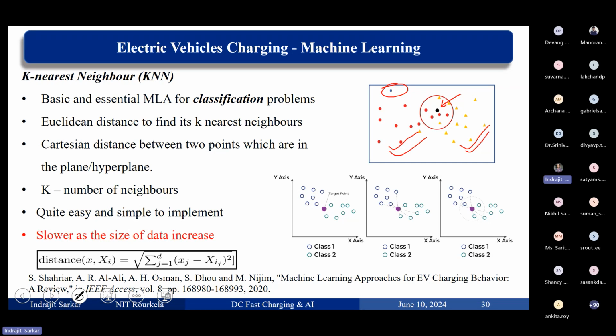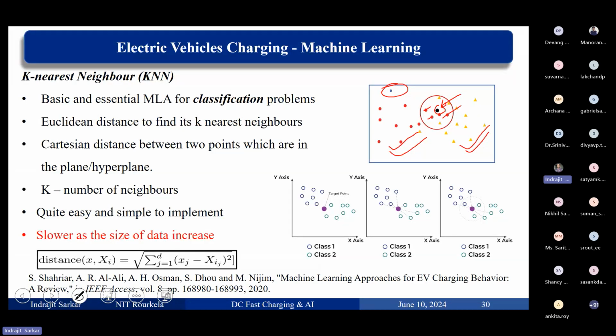What we do is check the nearest neighbors to this data. Euclidean distance is nothing but the distance between this point and the neighbors. The Cartesian distance that we calculate, and we check the shortest distances, and those we consider.